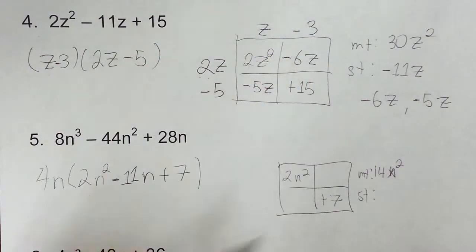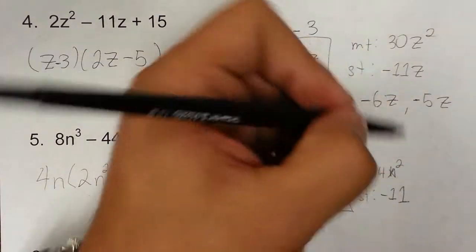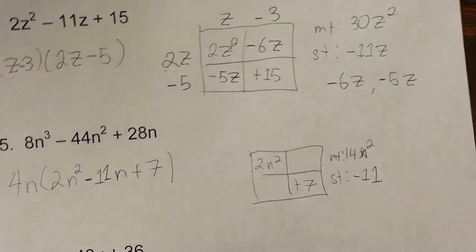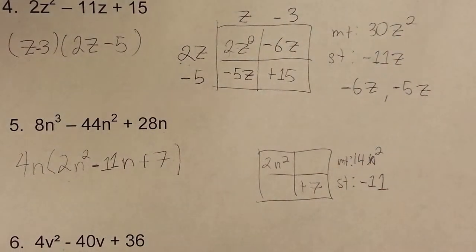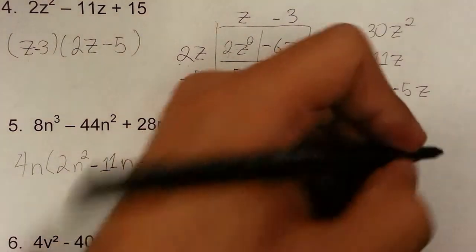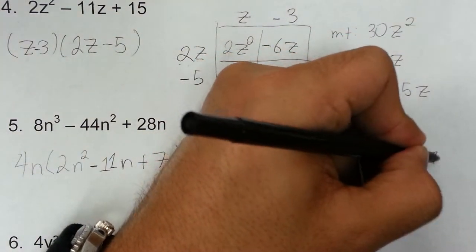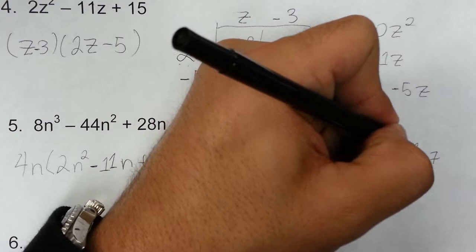And for sums to, we're going to have a negative 11. Now, let's see if there are any factors of 14 that have a difference of 11. Unfortunately, for this case, the only factors we can think of, let's see, we've got 7 and 2. We also have 1 and 14.